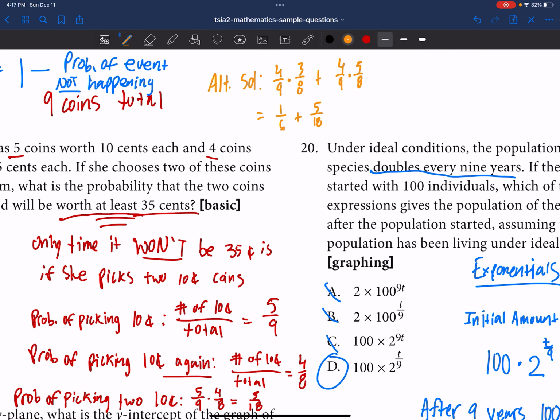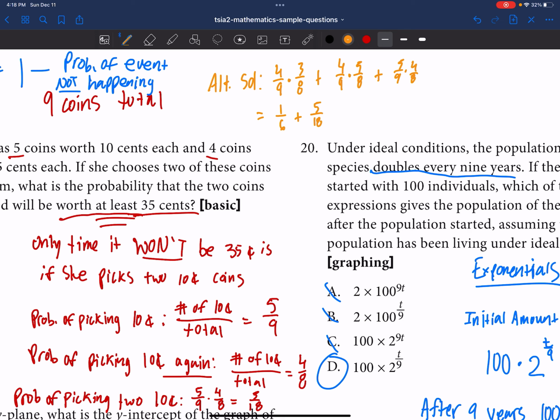Oh, but then you'd have to add the probability that she picks a dime first. Yeah. Oh. This is the reason you don't want to do it this way, because it gets too much. If I added the probability that she picked a dime, that'd be 5/9 times the probability that she picked a quarter, that'd be 4/8.